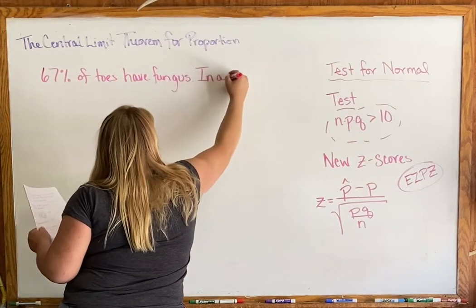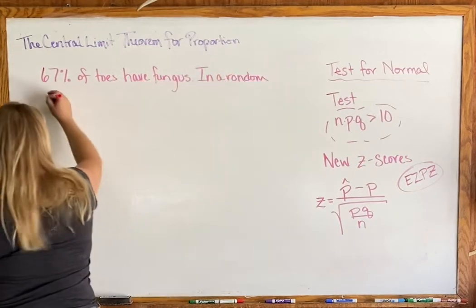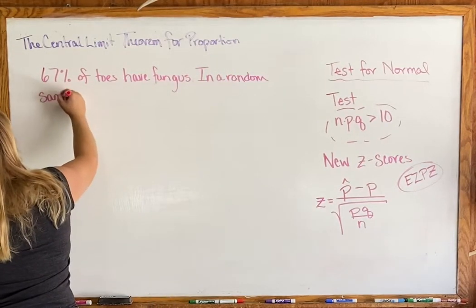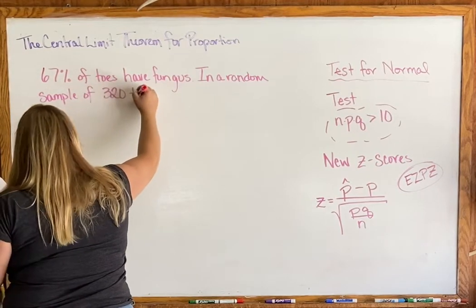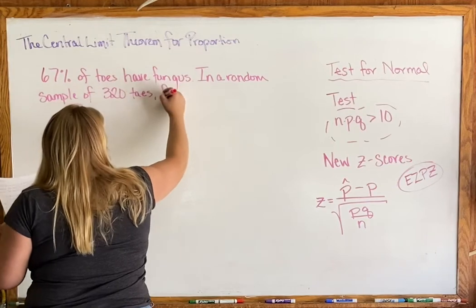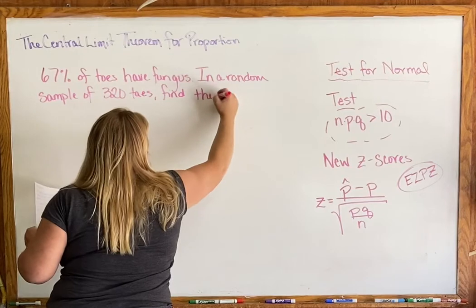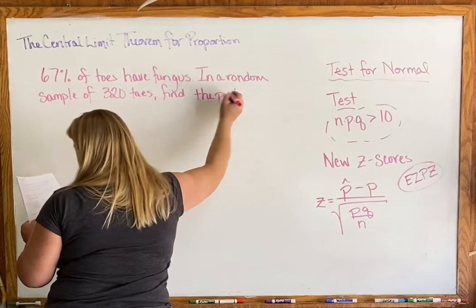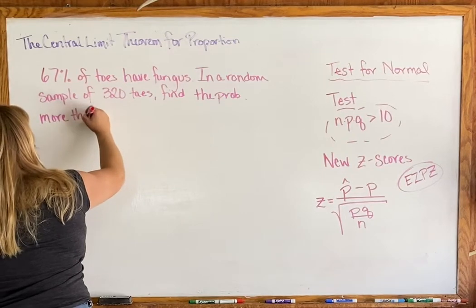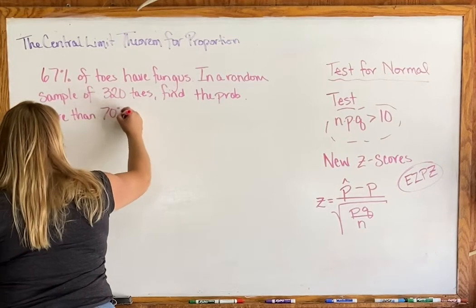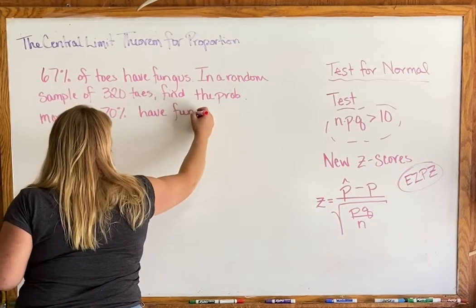In a random study or random sample of 320 toes, find the probability more than 70% have fungus.